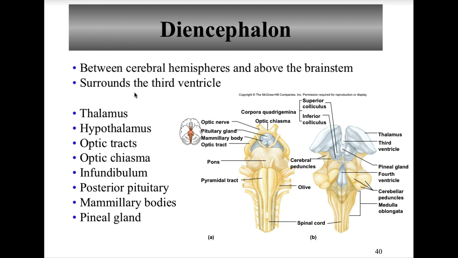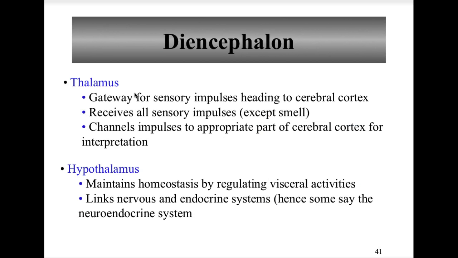It controls hunger and body weight, and digestive movements and secretions. It regulates our sleep and wake cycles, and it's the control center for our endocrine system's functions. Here you can see the thalamus and the hypothalamus.